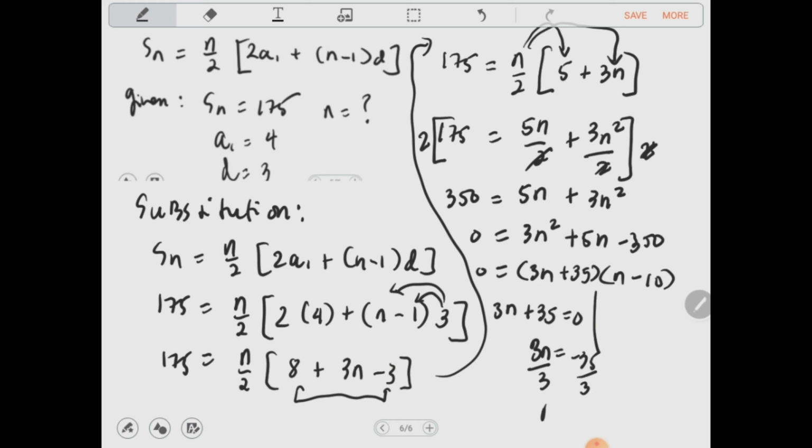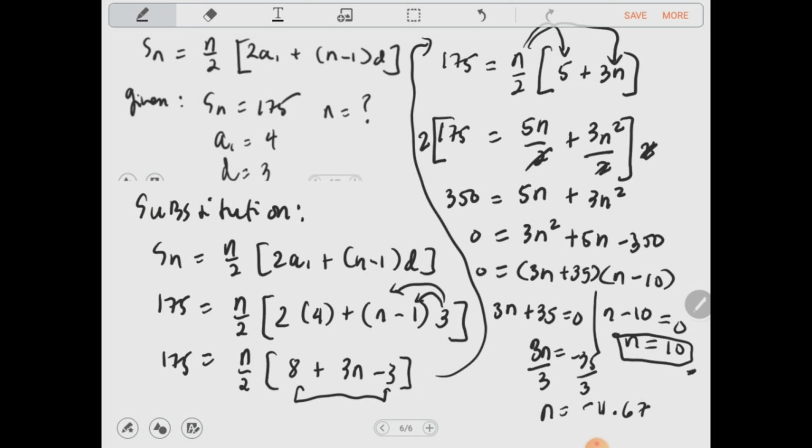So we have the other factor, which is n minus 10. Solving for the value of n, we are going to transpose 10 to the other side. So we have n is equal to 10. So that value of n is the correct value. That is, we need 10 terms in that particular sequence to get the sum of 175.